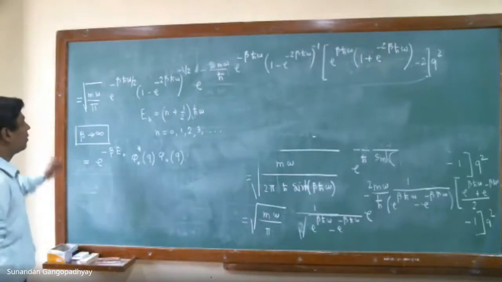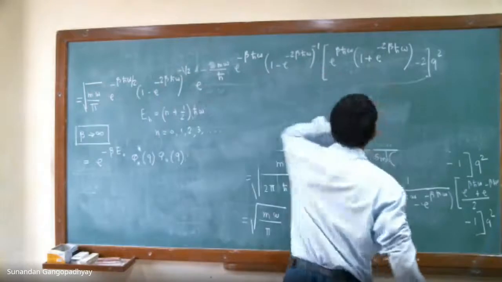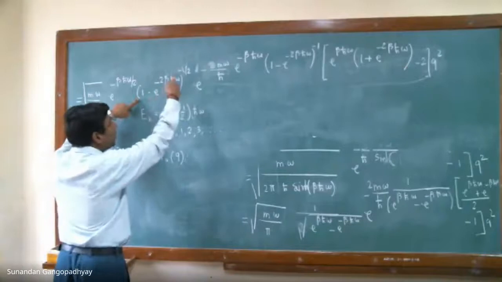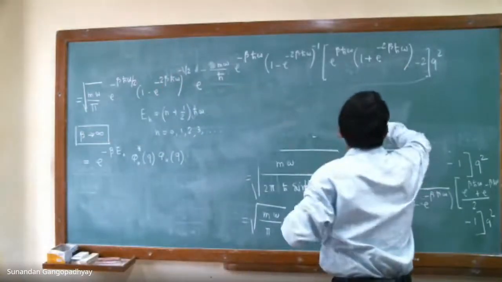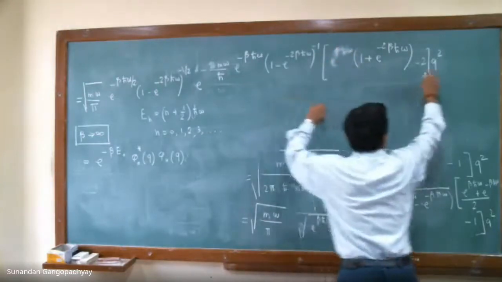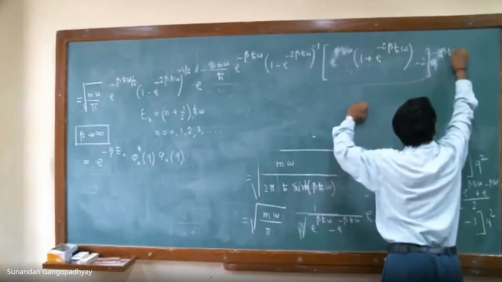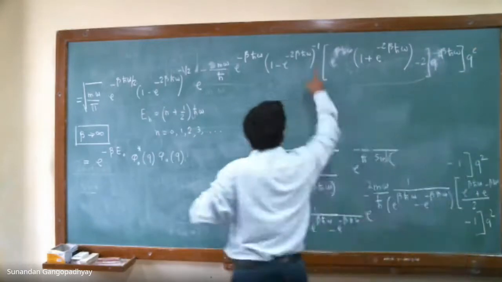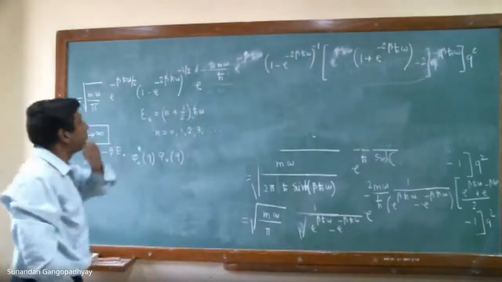So what we are doing is we have written it down in this form, and you can expand this term in a binomial series. You can take this e to the power of beta h bar omega outside, and then this will become q square, and this beta h bar omega will cancel, so you will get something like this.